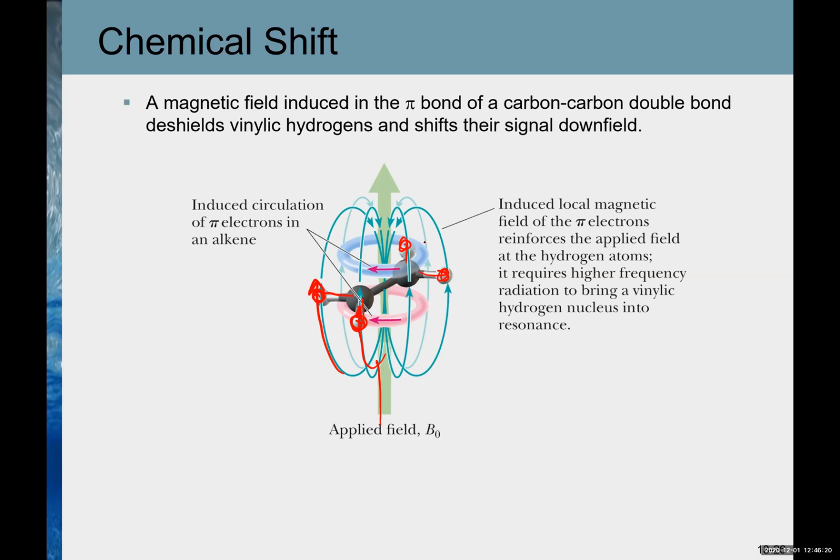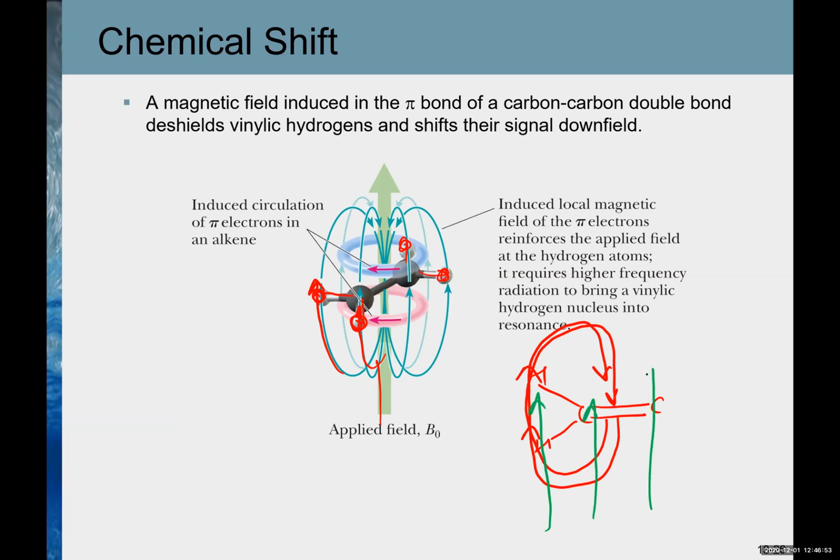Okay. Any question about the ring currents? So if I have a carbon-carbon double bond and hydrogens are connected here, the ring currents go from this direction to this direction. Where the hydrogens are, the ring currents are aligned with the external field.